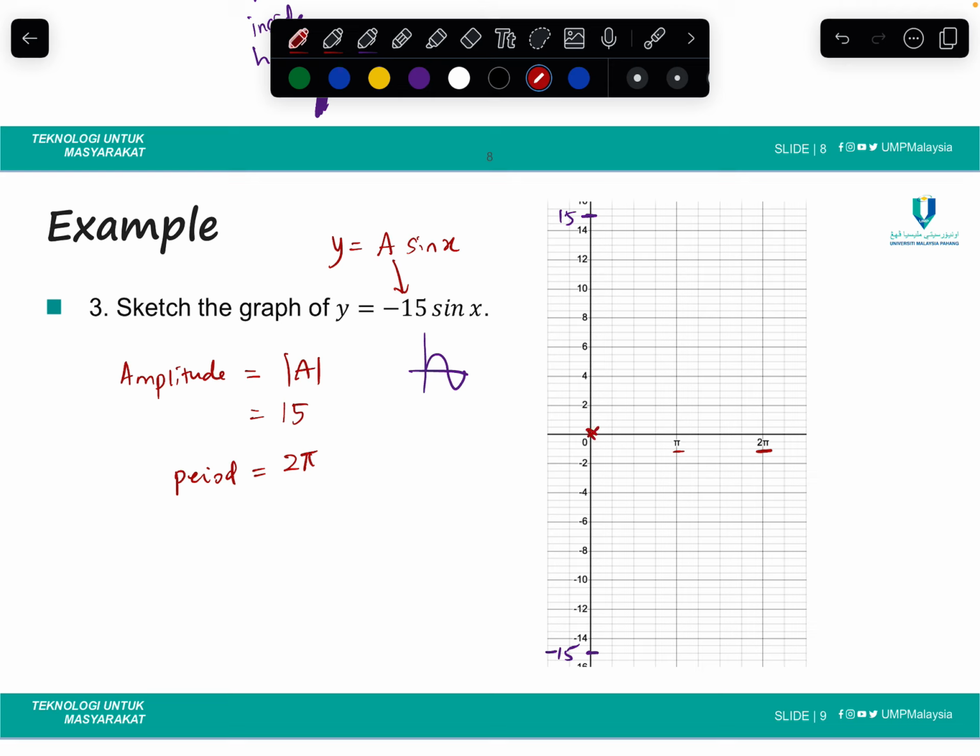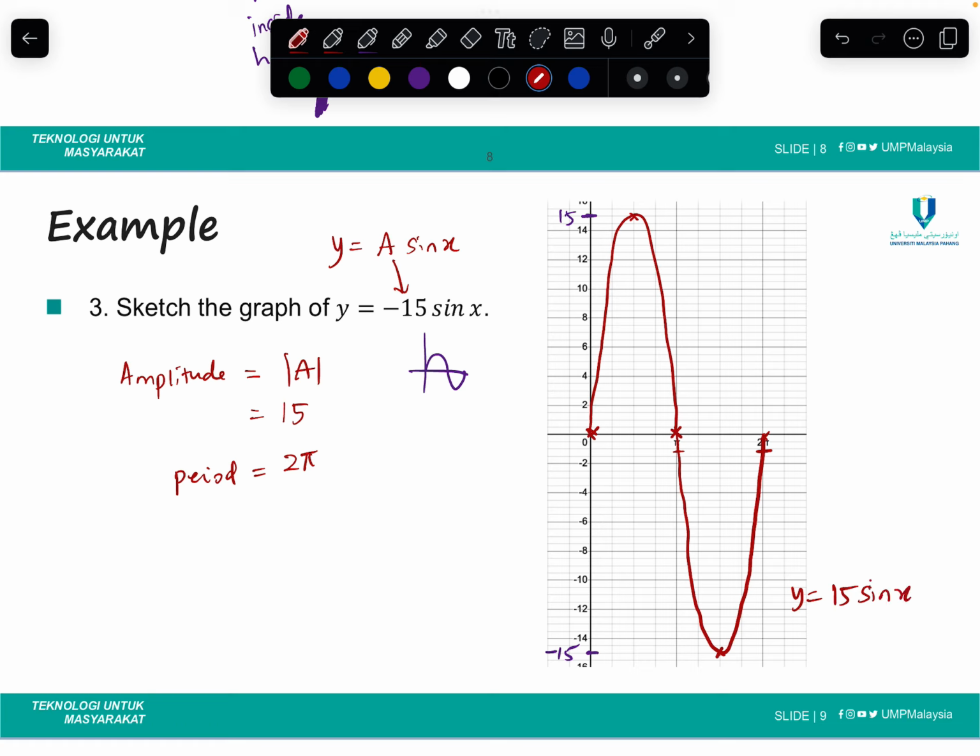It is going to reach the maximum value here, and it will intercept here, minimum value here, and it's coming back to 2 pi. So we want to connect all the points to make the sine curve. So this is y equal to 15 sine x.